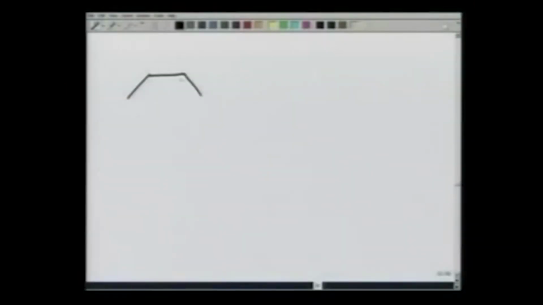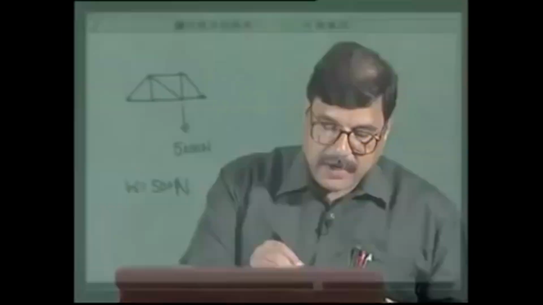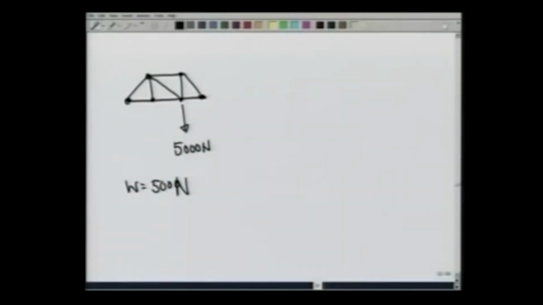Next question is, what happens if each of these members in addition to this load had weight themselves? So, here is a load of 5000 newtons. If each member, let us say, had a weight of 500 newtons, in that case, as I remarked earlier, what we would do is divide this weight equally at each point.